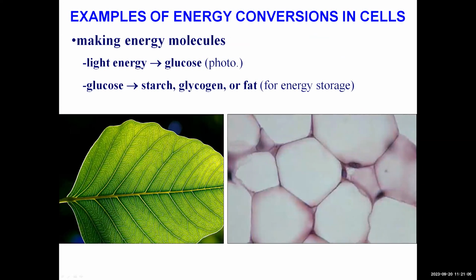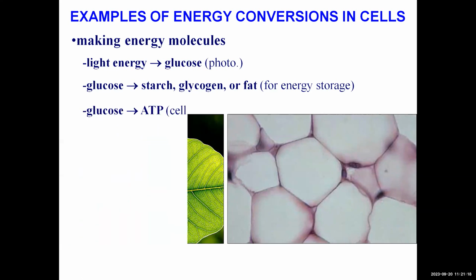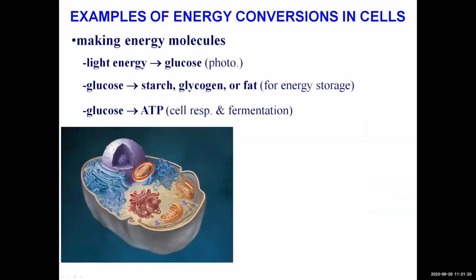For example, we can convert glucose, a monosaccharide, into storage molecules like starch or glycogen, or even fat. We can also create energy molecules like ATP, which is the primary energy currency that's made in the mitochondria through cellular respiration and fermentation. All of these are examples of converting one type of energy molecule or energy type into another. Once we've created energy molecules, the cell can then spend those molecules to perform work.